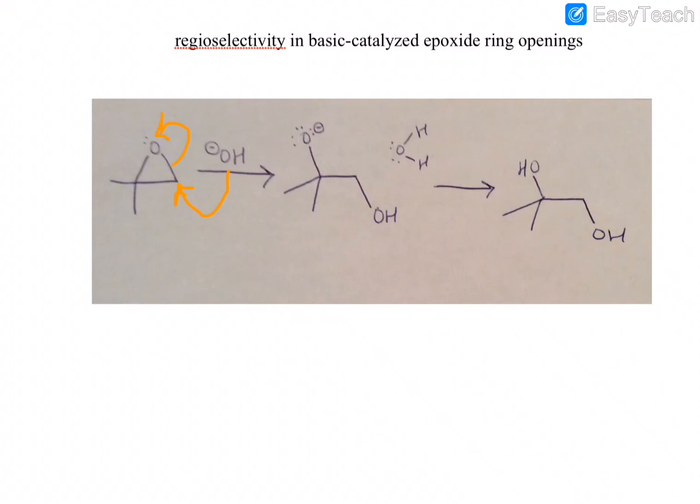This leaves the original oxygen atom with a negative charge, and the alcohol is added to the least substituted side. The oxygen will then be protonated by a water molecule, and the end result will be a tertiary alcohol and a primary alcohol.